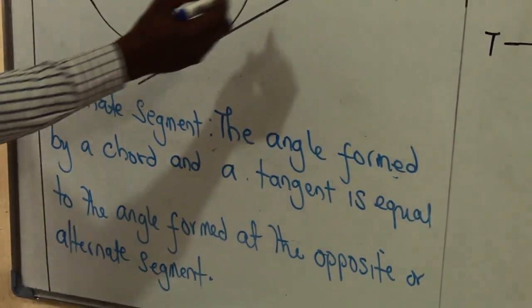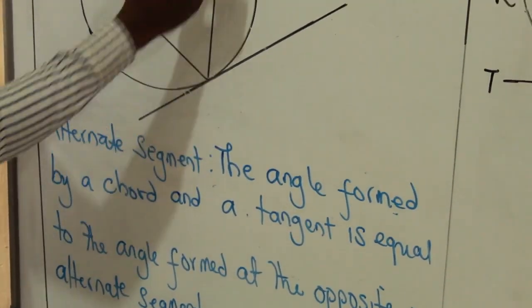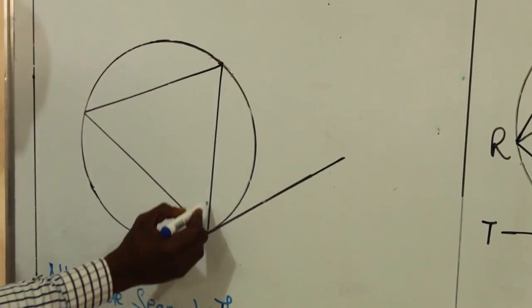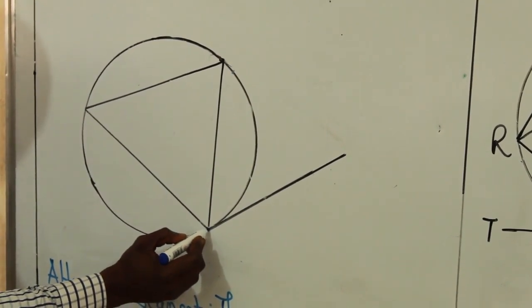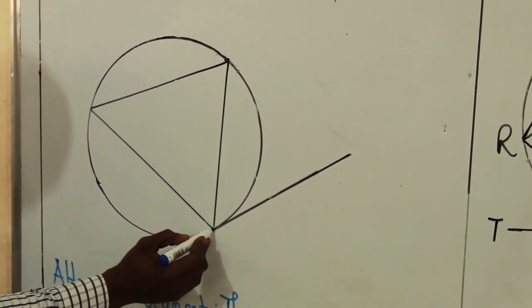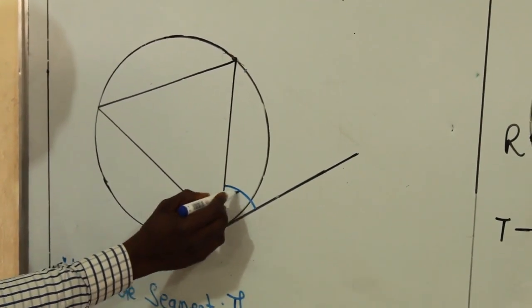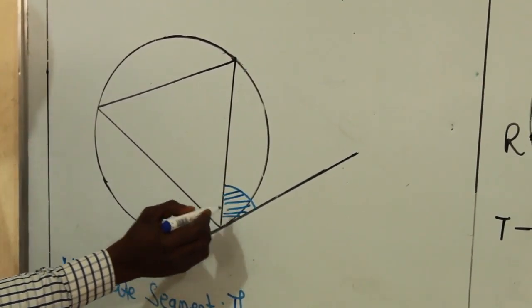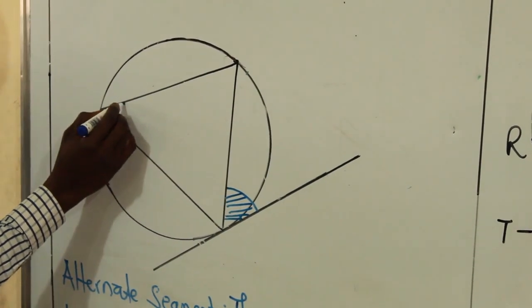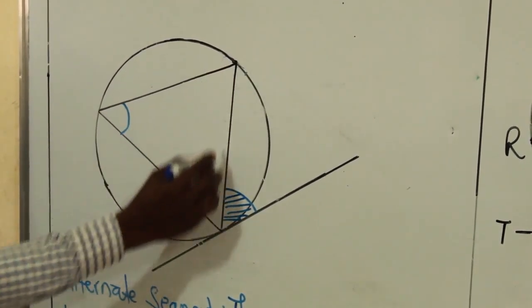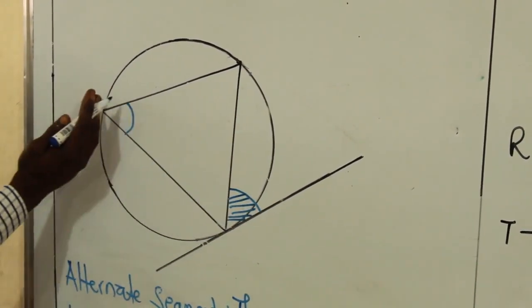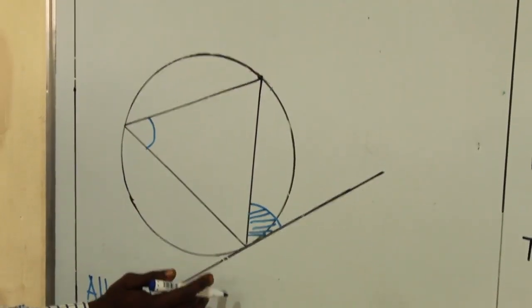If we have a segment and we have a chord drawn to touch the point of contact of the tangent and the circle, an angle is formed here. This angle is always equal to the angle opposite that chord, or in the other segment of that chord.